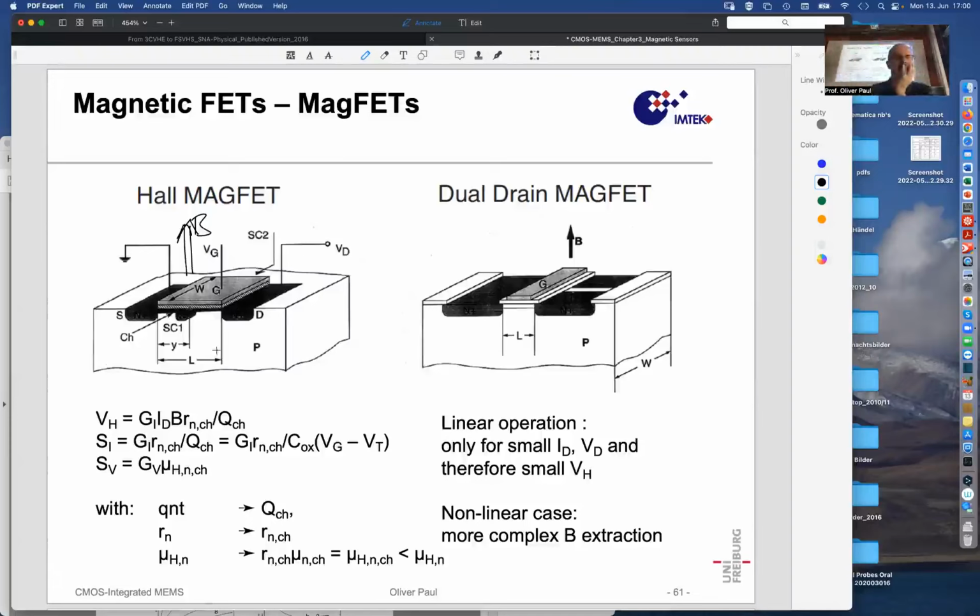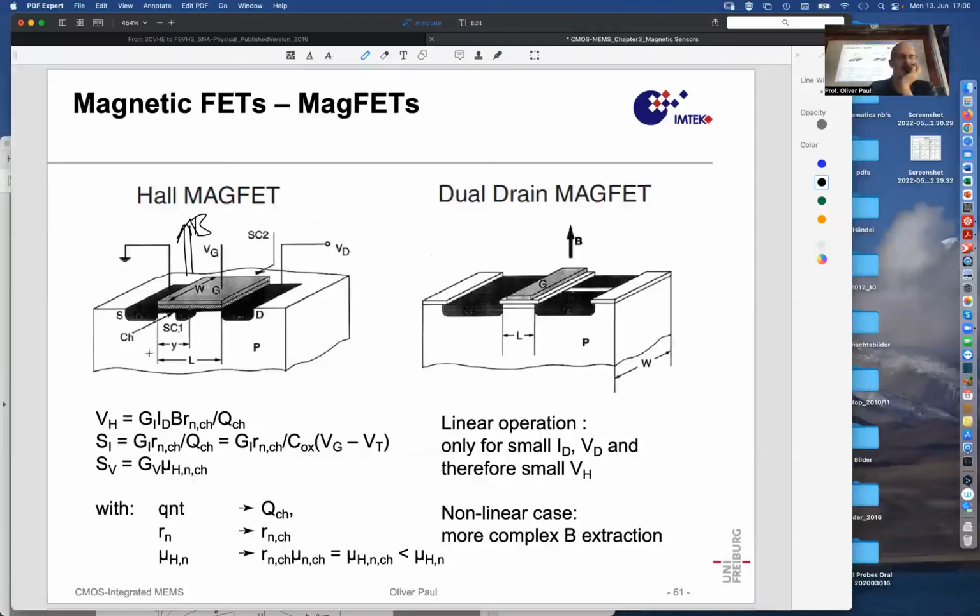And so this is the traditional translation of a Hall plate, a normal Hall plate, into a so-called MAGFET, a magnetically sensitive field effect transistor.